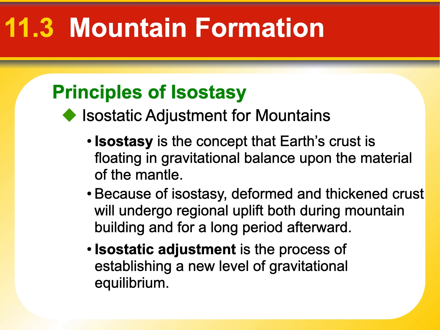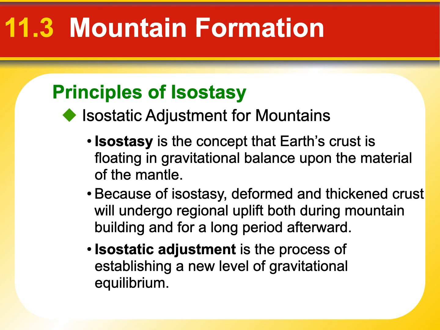Now, because of this thing called isostasy, when you get crust that's thicker, because mountains are formed, it makes the crust thicker in one spot. The crust will float higher. It also pushes it downwards deeper. I'm going to show you a picture here in a second and it will make a little bit more sense. Now, as crust material is removed, like off of a mountain, the mountain will actually lift upwards and float higher because you're making it lighter.